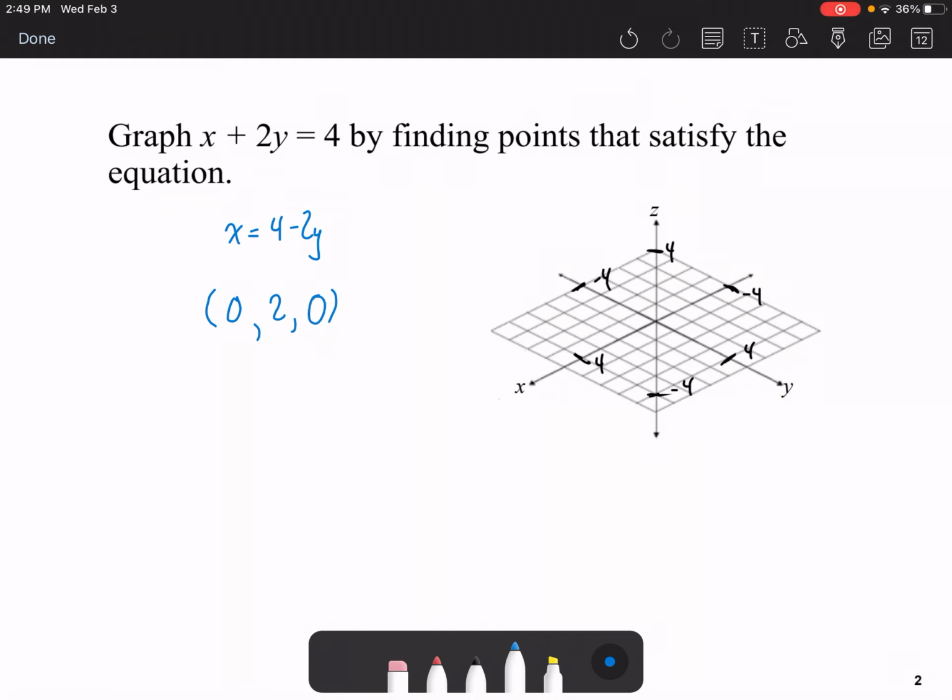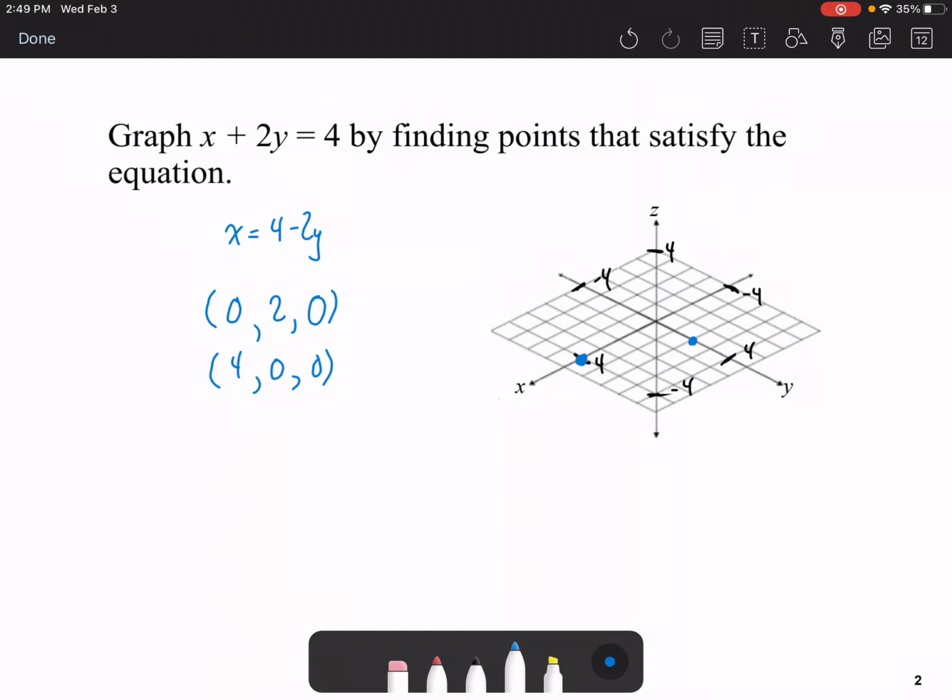So I'm going to choose the point 0, 2, 0, which is this point right here. Now if I also chose my y value as 0, my x value in that case would have been 4. I'm also going to choose the intercept right there, 4, 0, 0. So these 2 points that I've drawn on here are part of this plane.